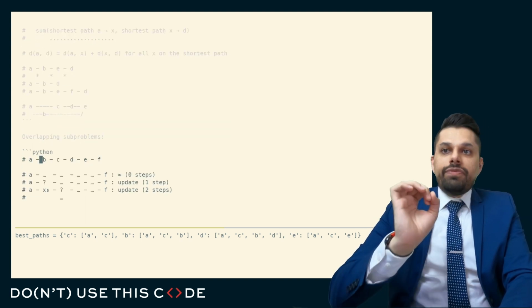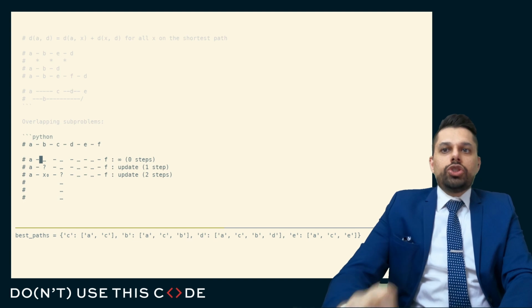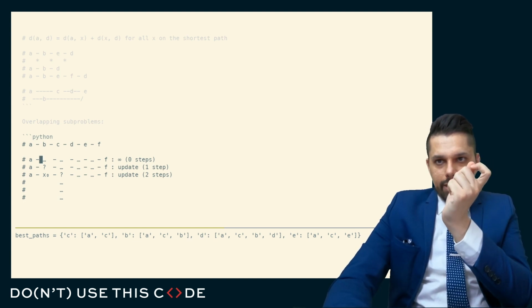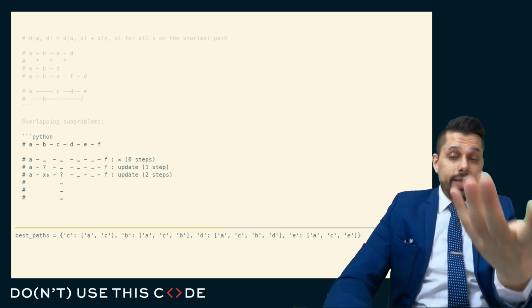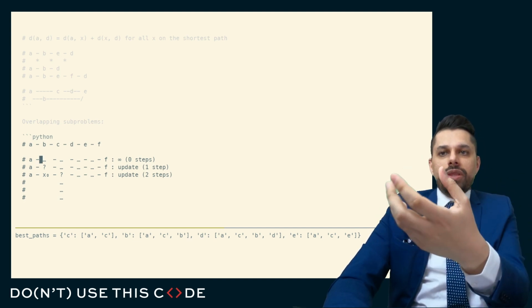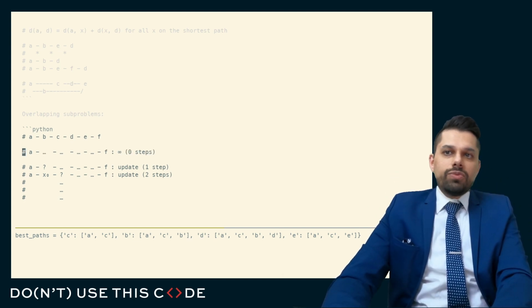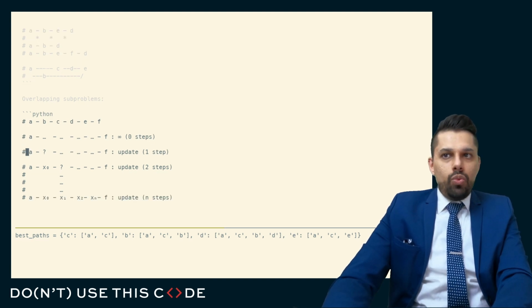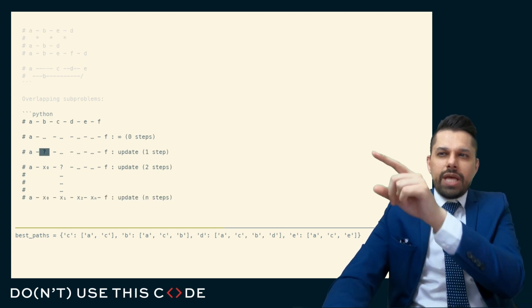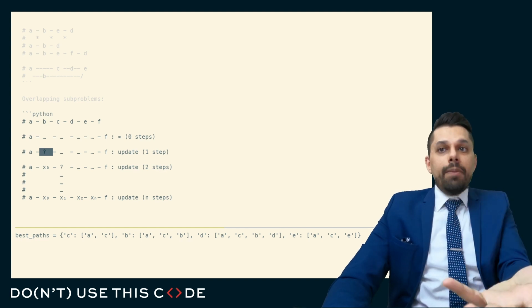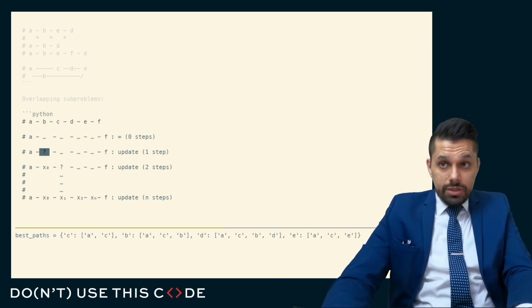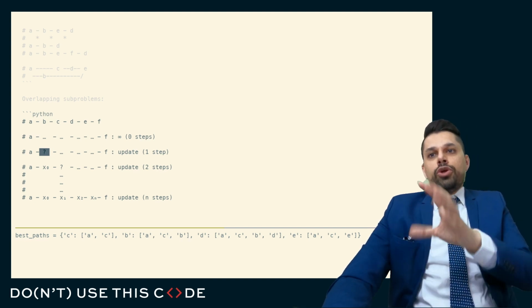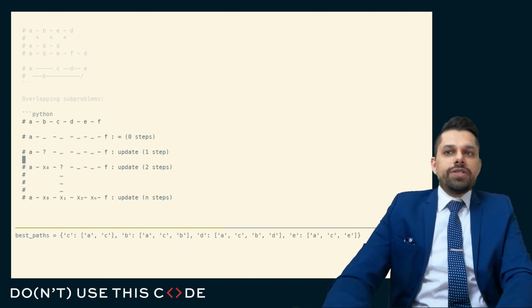We also know that there are overlapping subproblems, and I'll show you why. If we consider the best possible path from A to some destination, in this case F, and we think about what that best path would be in 0 steps, well, the best possible path is an infinite number of steps. If we think about it in 1 step, then we're trying to say, okay, there's A to something, to F, and we can update this and say, okay, it's whatever the previous solution was, plus taking into account that we're transiting through this node here.